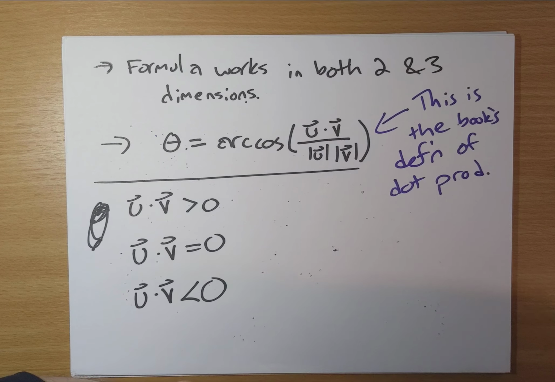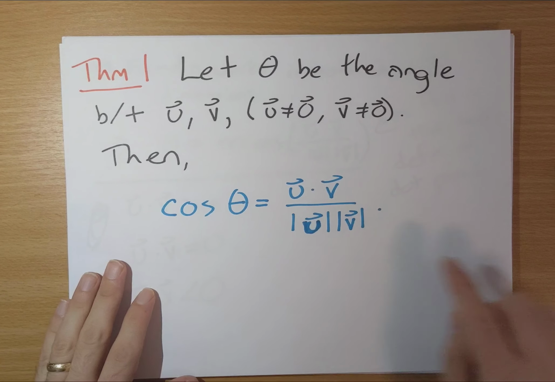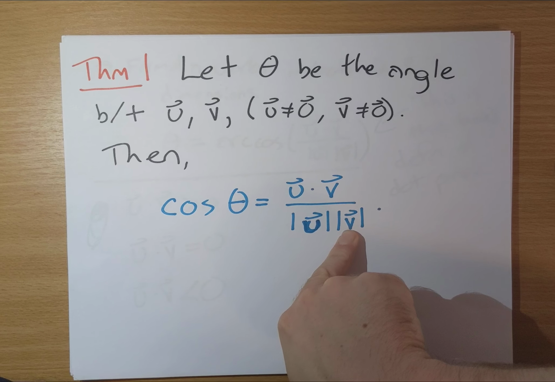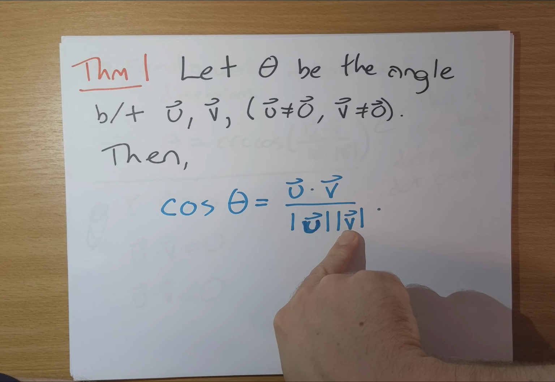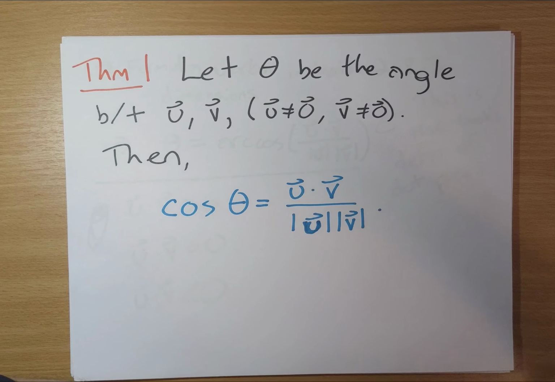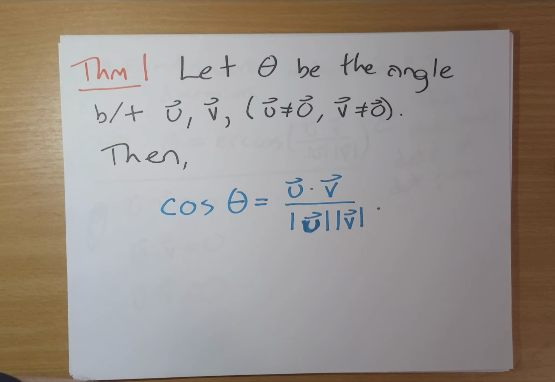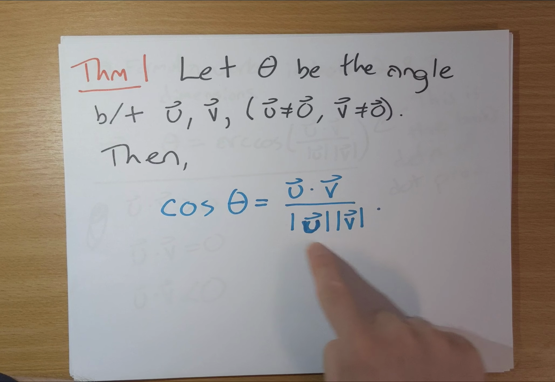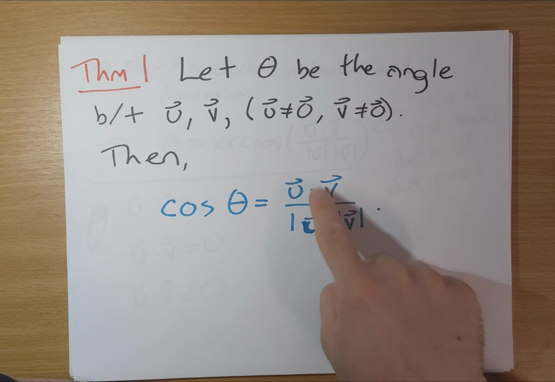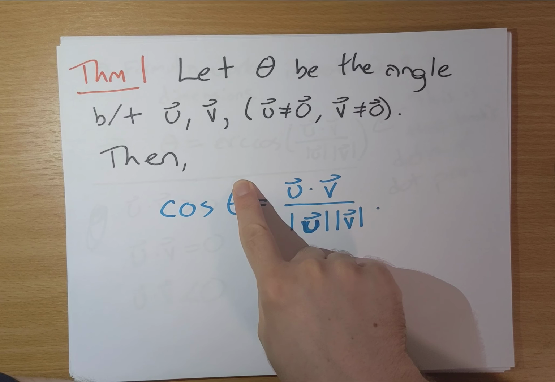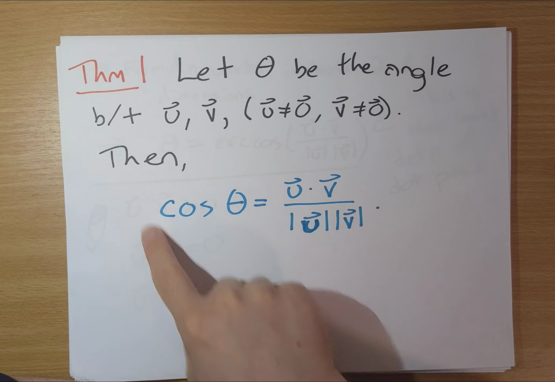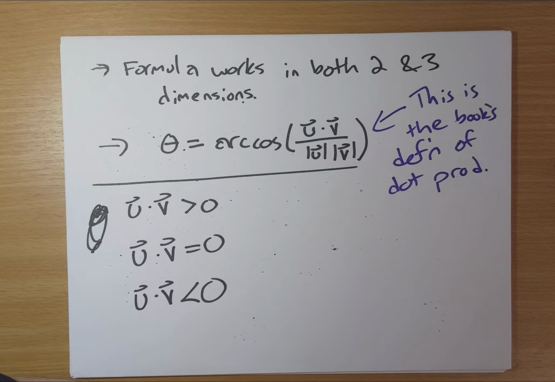That has to do with, if we go back once again to here, the lengths of u and v down here are never going to be negative, and they're never going to be 0, because these aren't the 0 vector. So if cosine theta is equal to u dot v over something positive, then if u dot v is positive, cosine theta is positive. If u dot v is negative, cosine theta is negative. What does that tell us about angles?